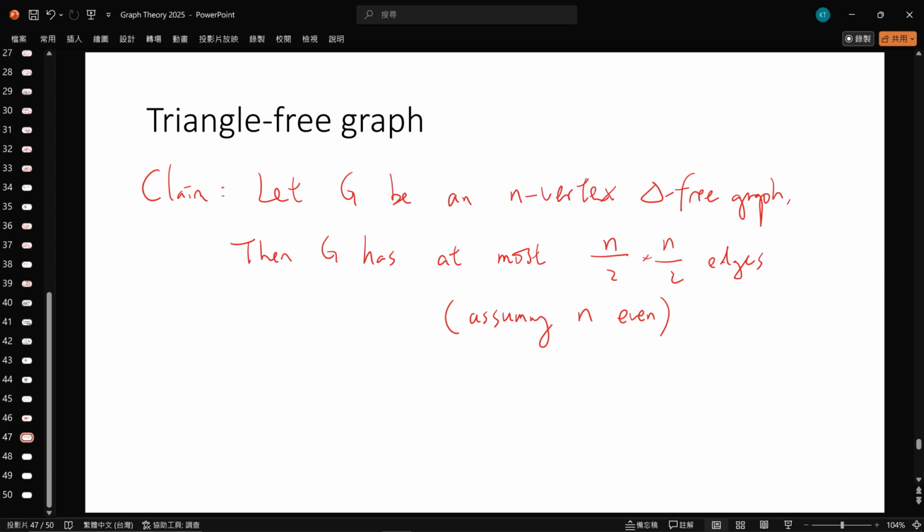So I think this is one of the classic results in this branch of graph theory. Back to this claim, do you have any idea how to prove it?